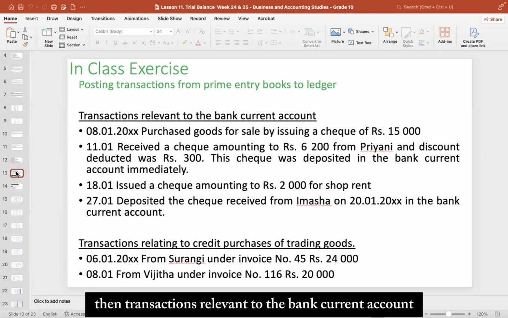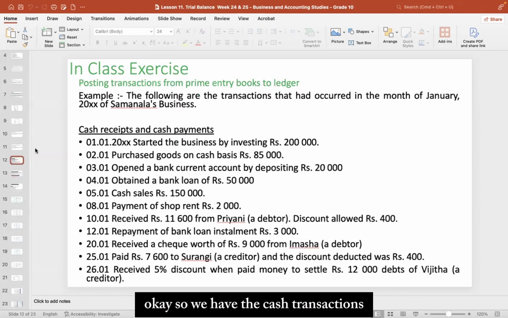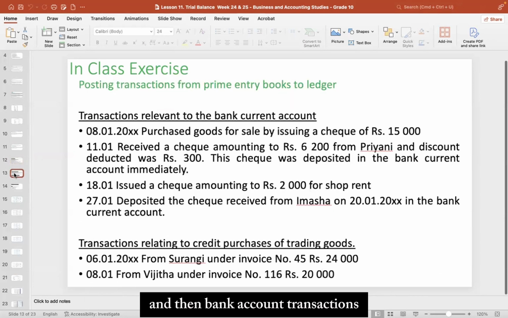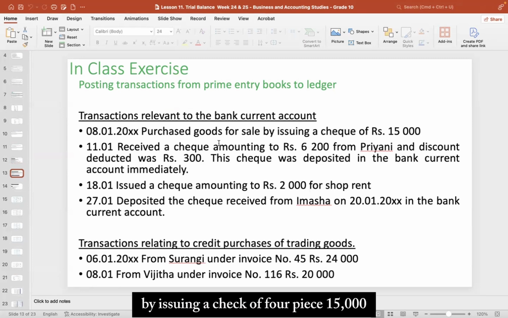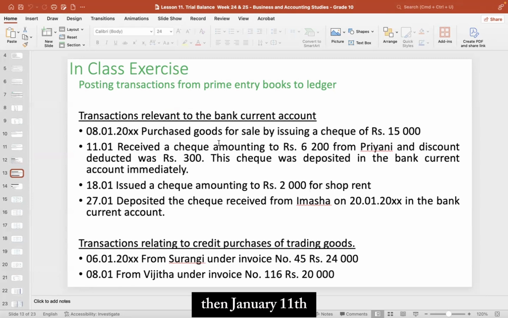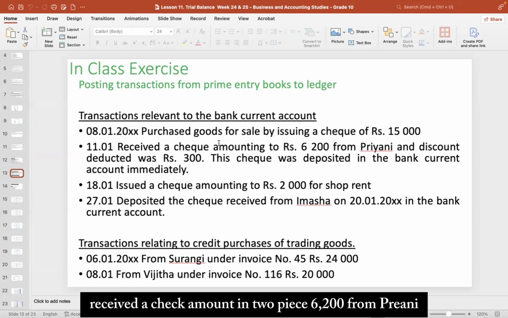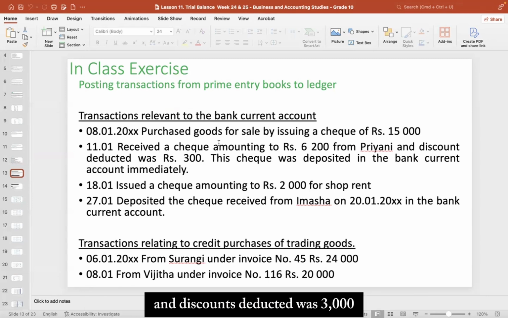Then transactions relevant to the bank current account. So we have the cash book transactions and then bank account transactions. January 8th, purchased goods for sales by issuing a check of rupees 15,000. Then January 11th, received a check amounting to rupees 6,200 from Priyani and the discount deducted was 3,000.